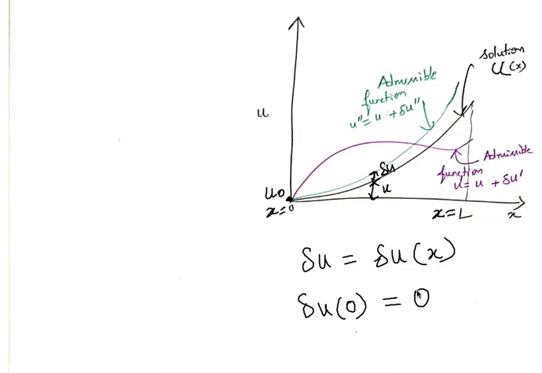The prescription of u means any possibility must also satisfy that at x equal to 0 the value of that function is u0. So automatically the variation in u would be 0 in the place where the boundary condition is prescribed.